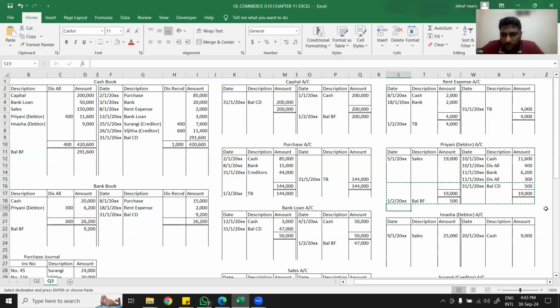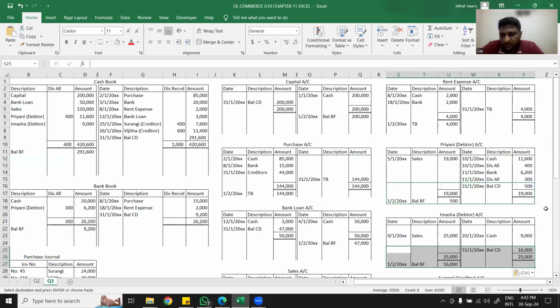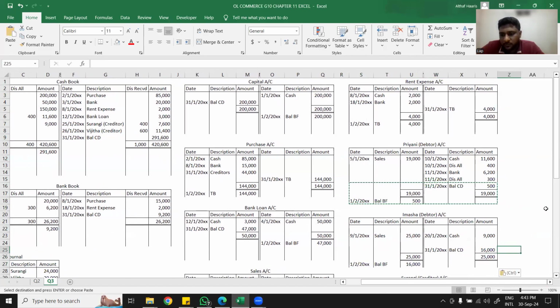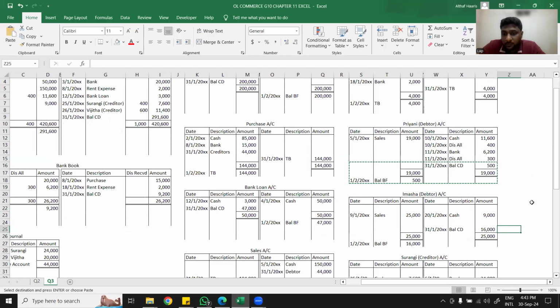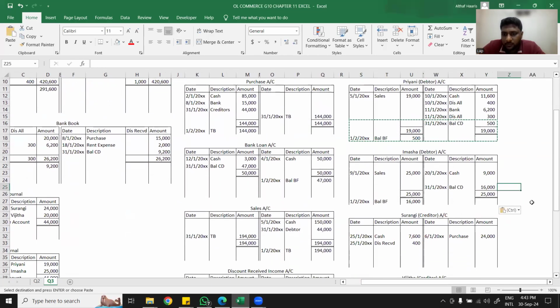Do it for Imasha also. TB balance. Good.